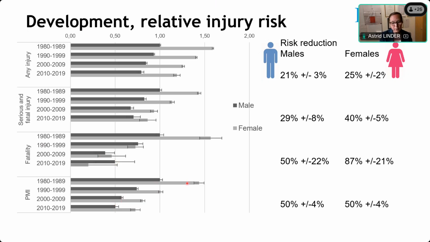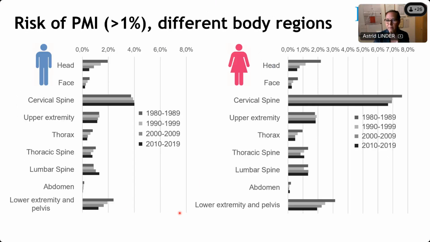Here's all permanent medical impairment, where the difference in risk between females and males remains. So there is room for improvement in terms of identifying what works the best and how to promote the best performing vehicles.